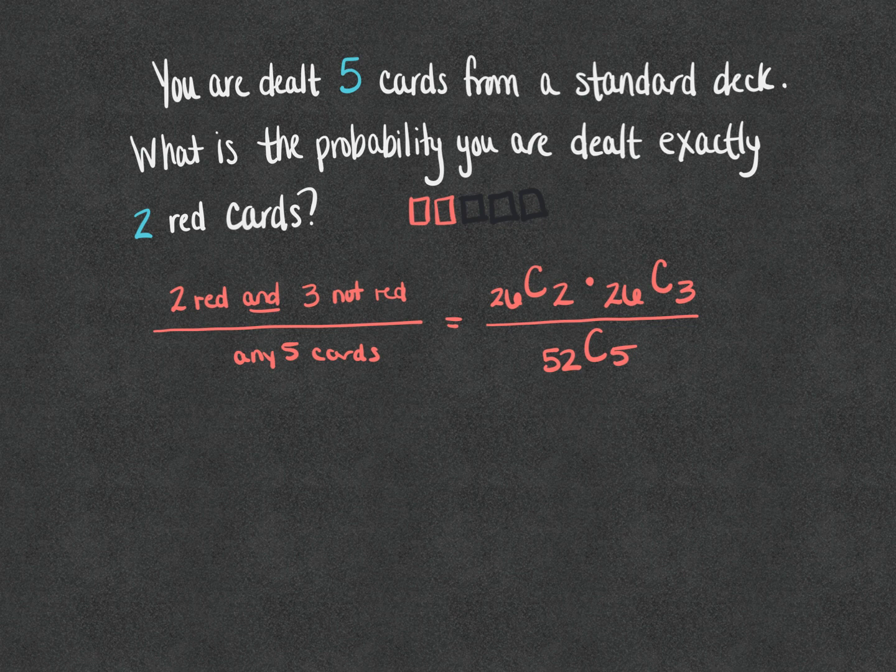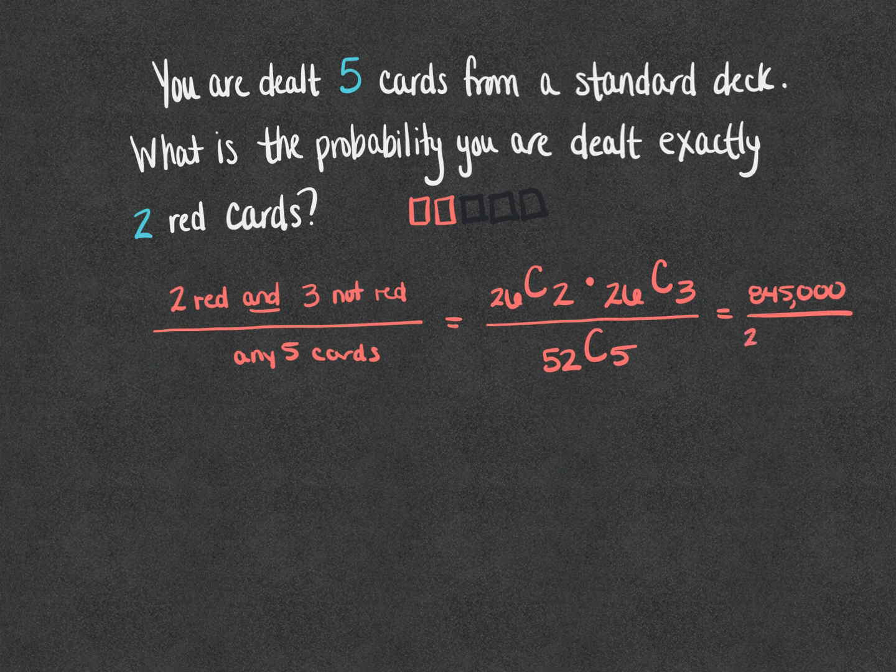So calculating 26 choose 2 times 26 choose 3, we end up with 845,000 different hands that would contain 2 red cards and 3 black cards.